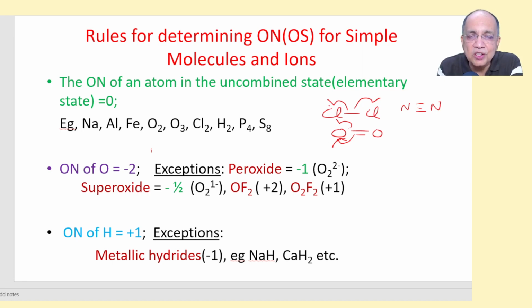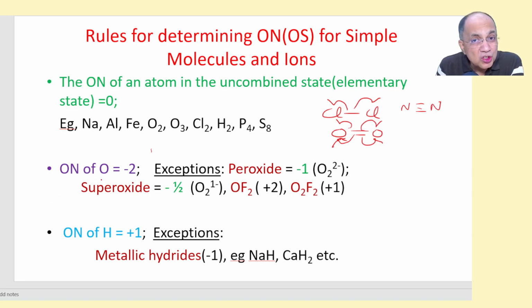This is called a fish hook arrow, a one-sided arrow to represent one electron shift. So each atom gets back its own electron, so there will be no charge development. So the oxidation number of each atom is zero if it forms a molecule but is in the elementary state.